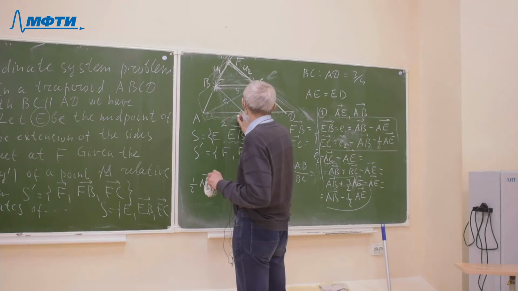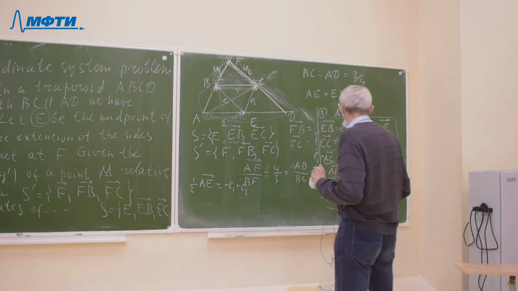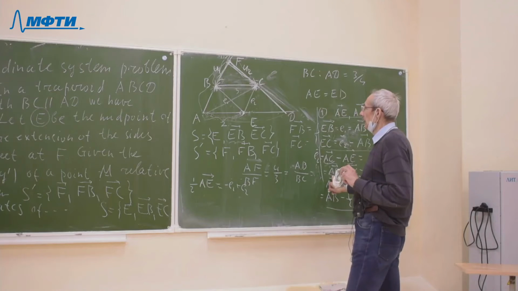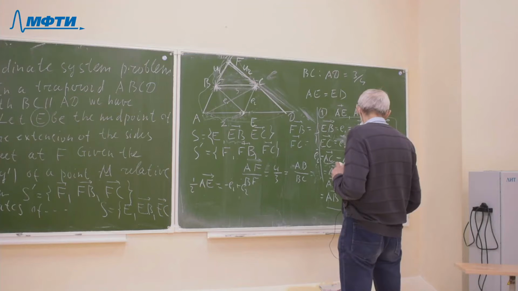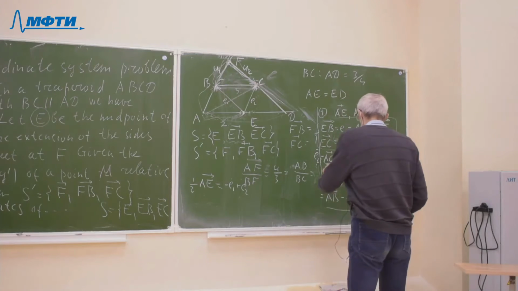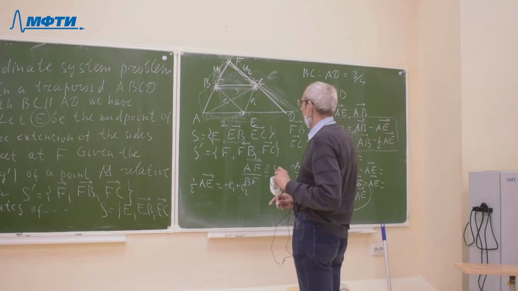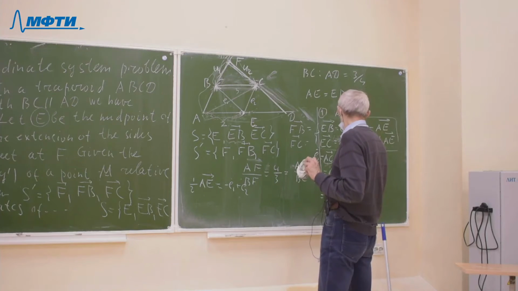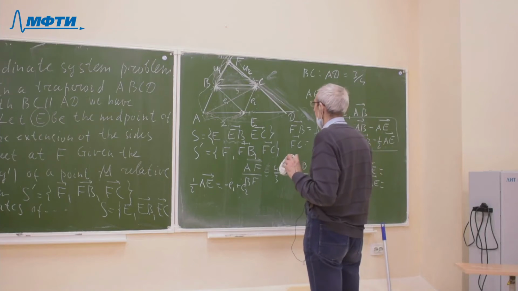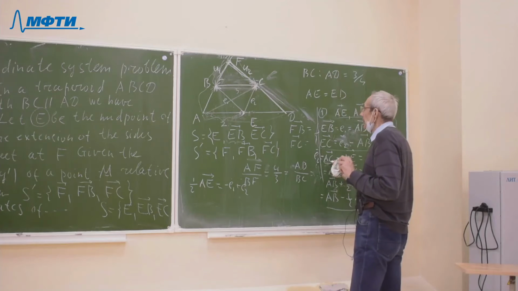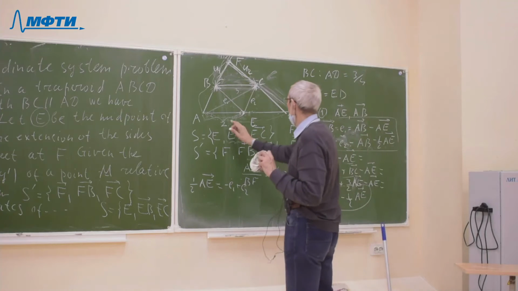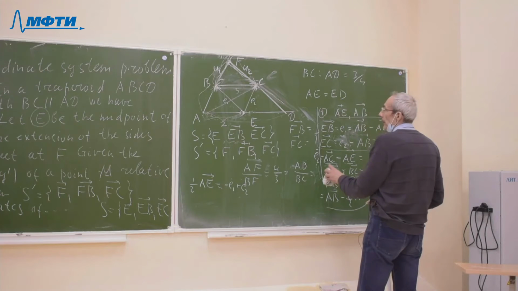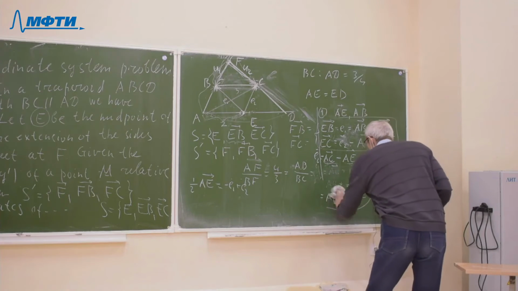AC is a sum AE plus EC. I'm sorry. You're right.